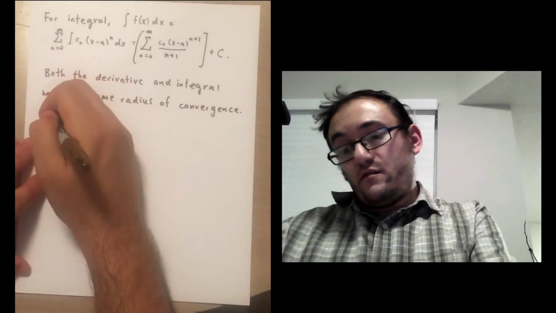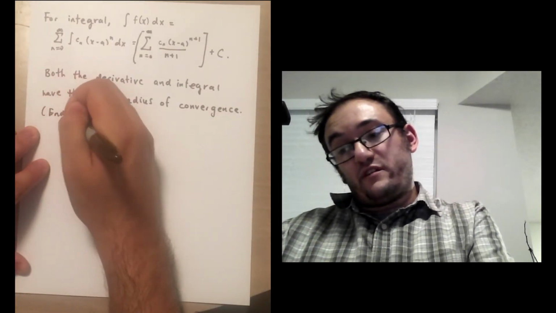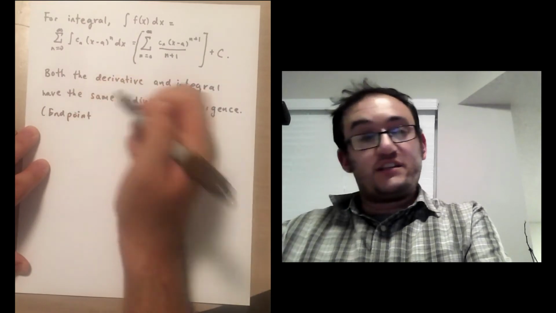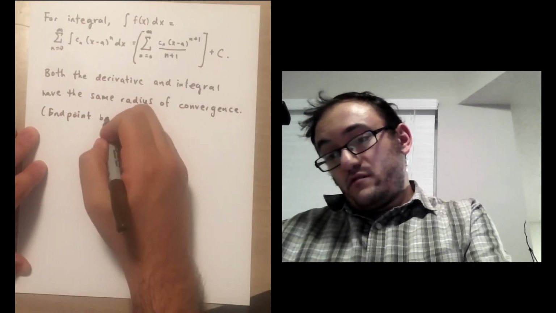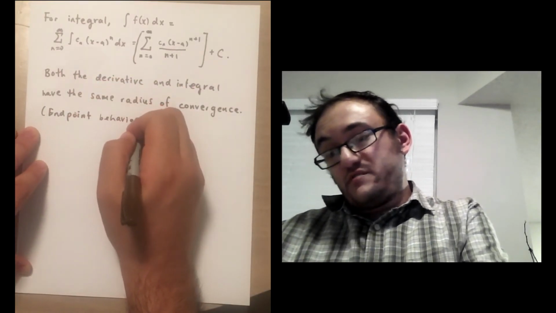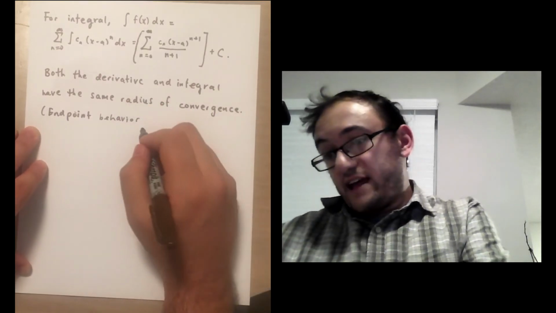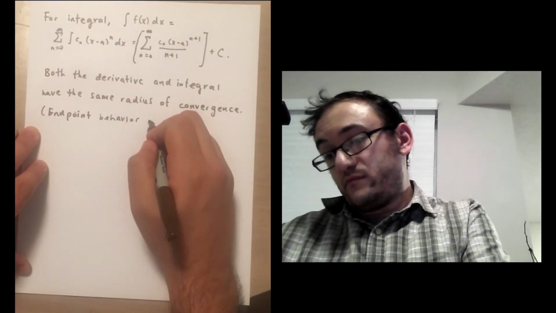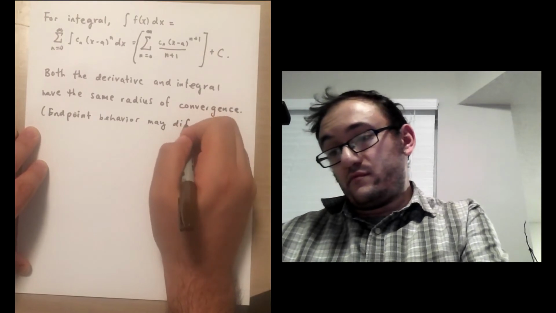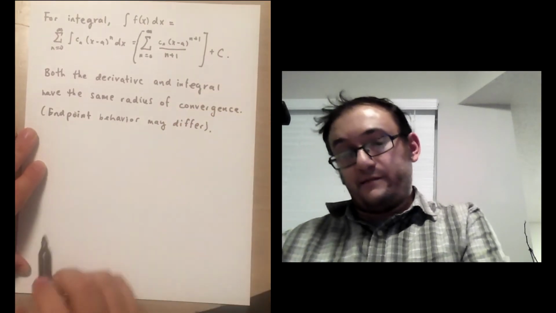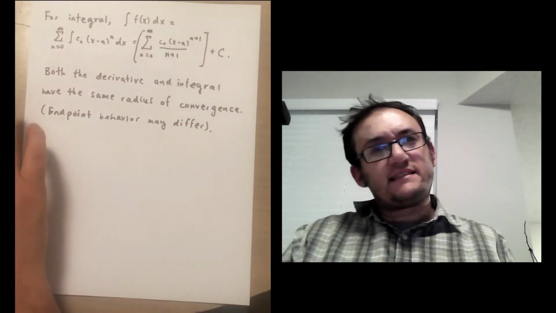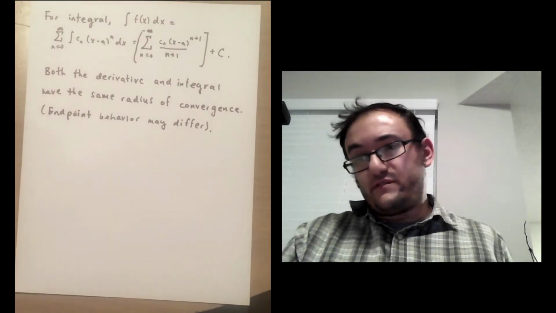Okay. But the endpoint behavior may be different. Okay, maybe the function itself converges, but the derivative diverges. That can happen. Okay, so let's see this in action, taking these derivatives.